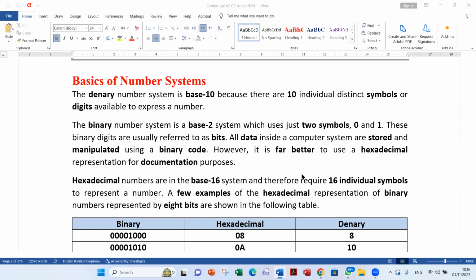We call it base 10 because there are 10 individual distinct symbols and digits available to express a number. This is the numbering system that we are all familiar with. We did that in the O level.